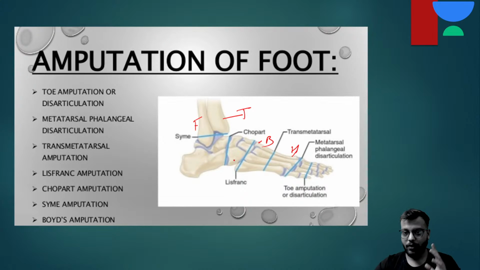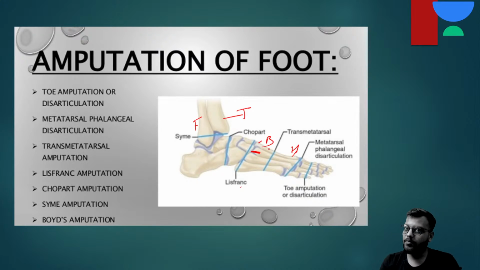Okay, so Lisfranc injury अपन ने पढ़ा था, that is second metatarsal base and the medial cuneiform के बीच में there is ligament, Lisfranc ligament, और वहाँ पे if there is injury then there is dislocation of this ligament. Okay, so जो gap होता है वो बढ़ जाता है first metatarsal and second metatarsal के head के बीच में.